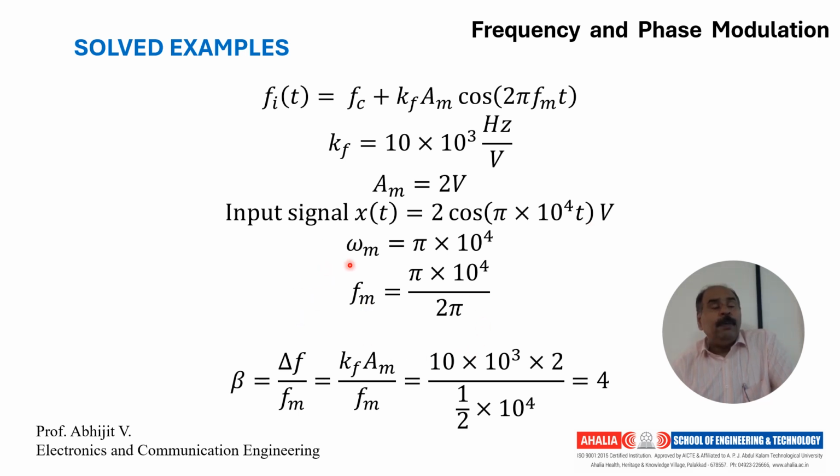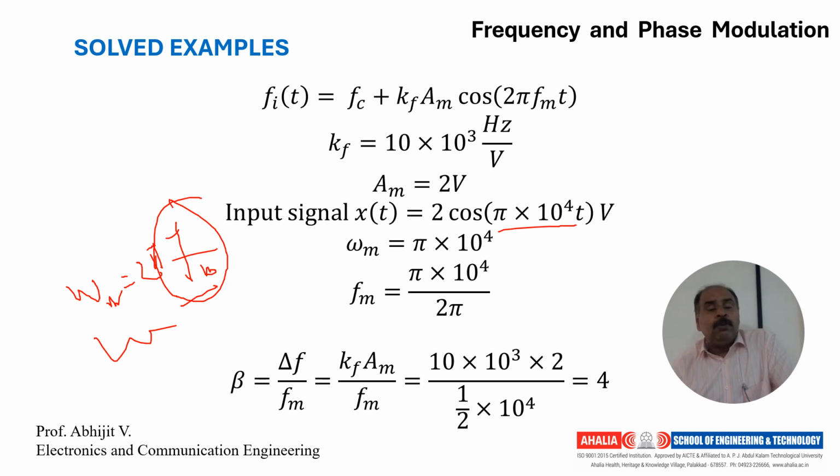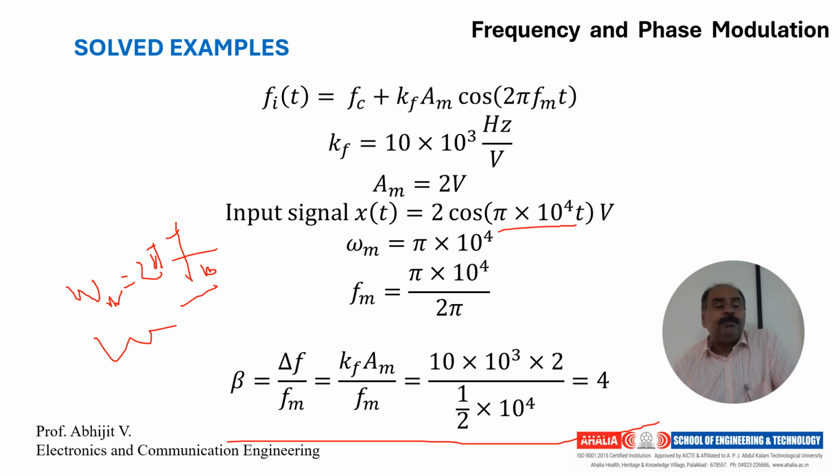The value of omega m will be 2 pi fm, and omega m you got to be pi into 10 raised to 4, and from that you got fm. You substitute in the basic equation for modulation index, and you get the value to be 4.